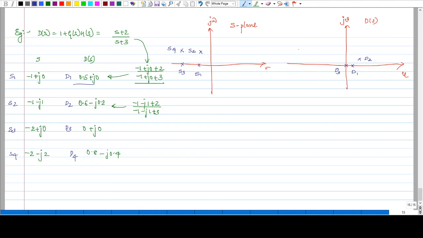And here I'll have 0.8. Sorry, coming to the D2, D2 is not located here. So D2 is located at this side. It's located in the fourth quadrant. So this is D2. So coming to D4, 0.8 minus J 0.4.